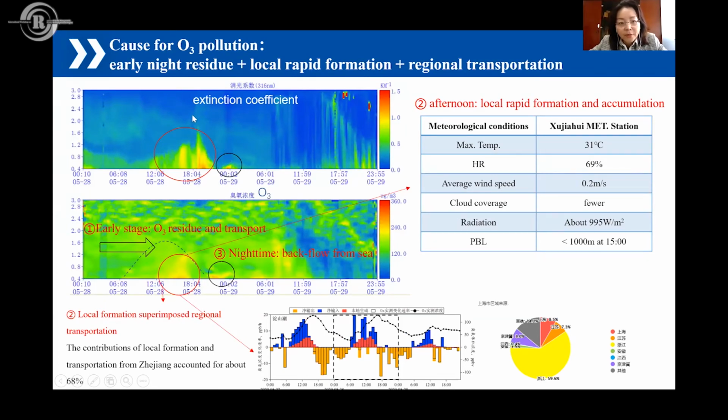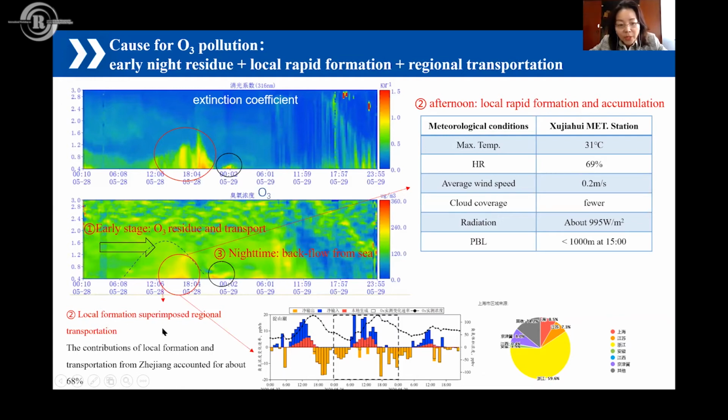The upper figure is the extinction coefficient, showing a high concentration of PM2.5. At the same time you can also see ozone residue and transport in the upper air.